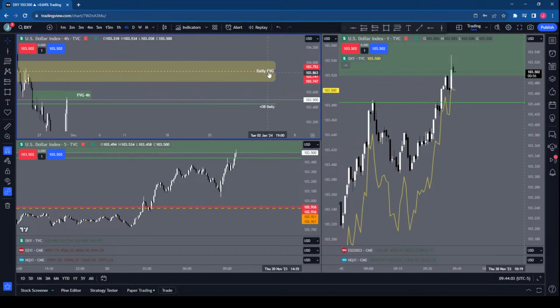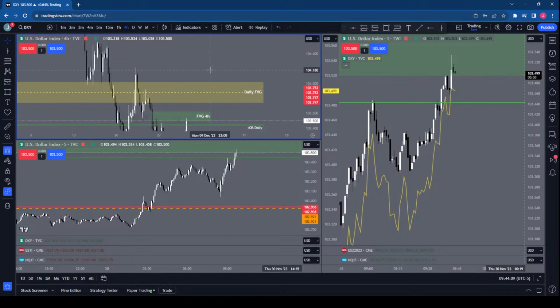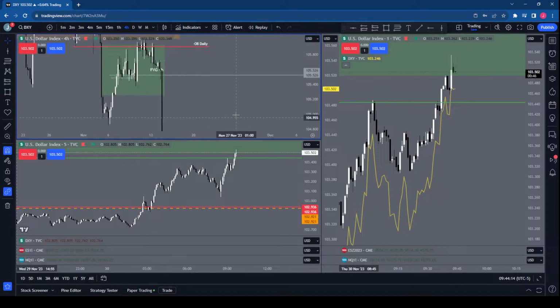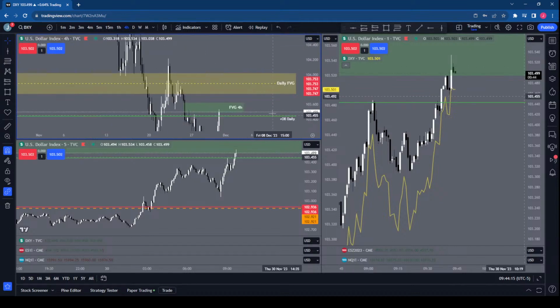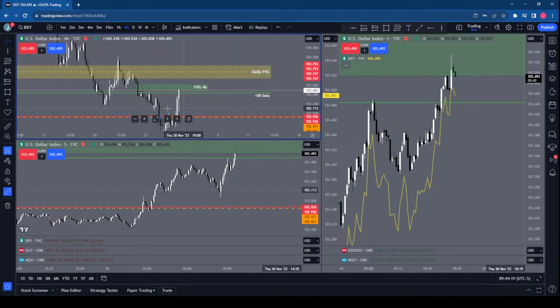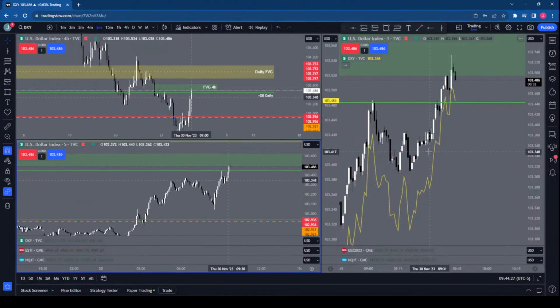I am worried about this daily too. I think once we get above this daily, it's really going to start taking off. But there's a lot of reasons for it to reverse. A lot of PD arrays that are going to hold down until then.